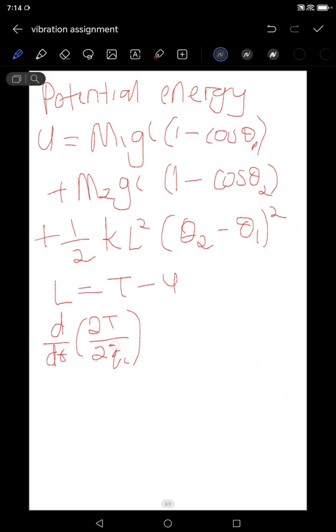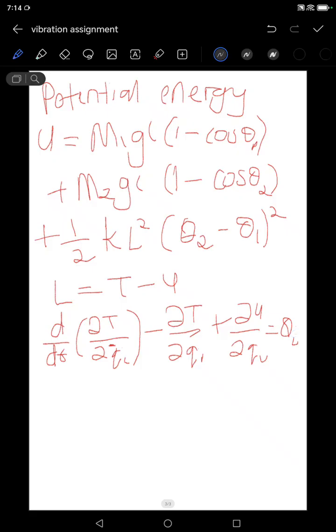Remember, Q i is for the force, but here we don't have force, which means it's going to be 0.